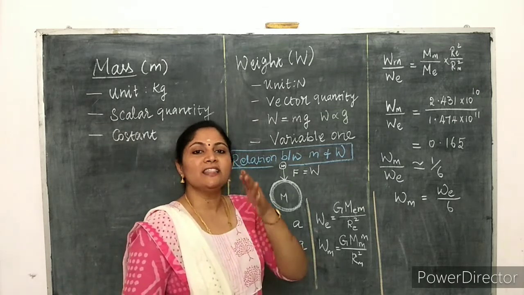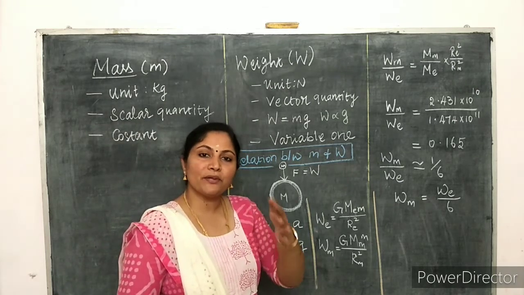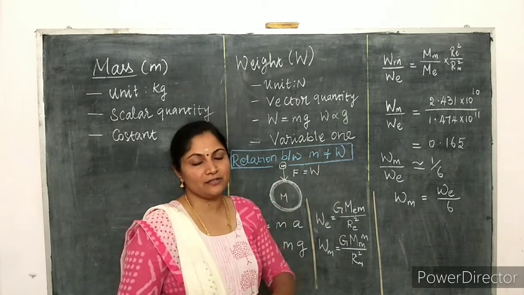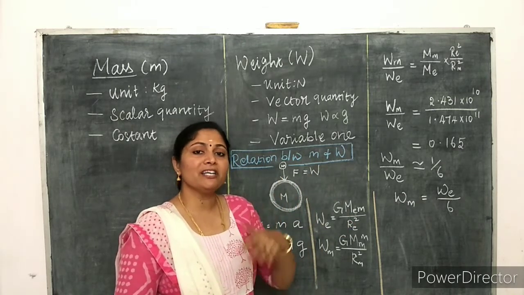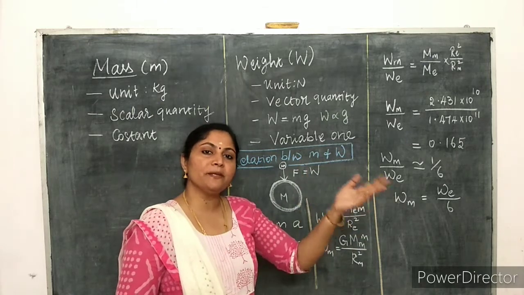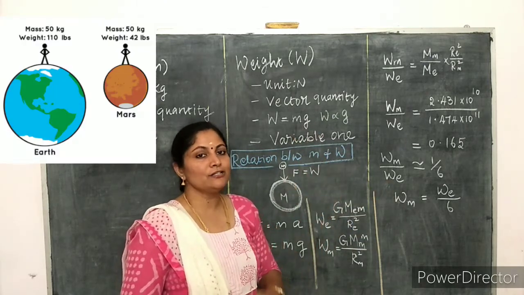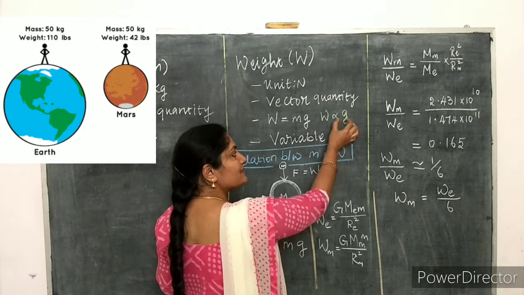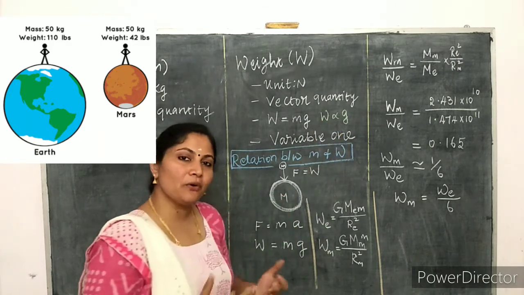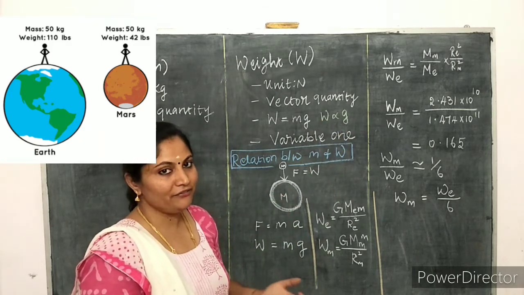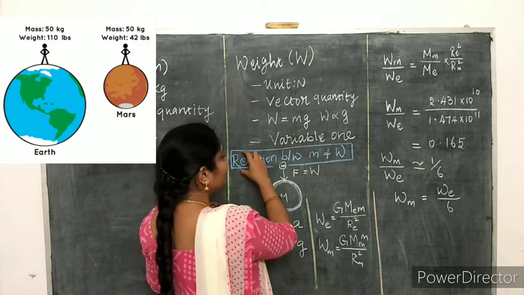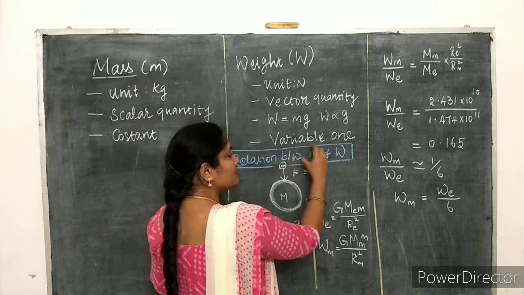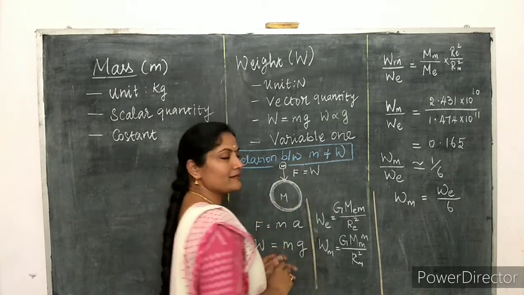On earth, the value is 9.8 meter per second square. But that value is different on the moon, on Jupiter and in different places. So one thing you must remember, if the g value changes, the weight of the object will also be different. Okay. So now we'll see what is the relation between mass and weight.